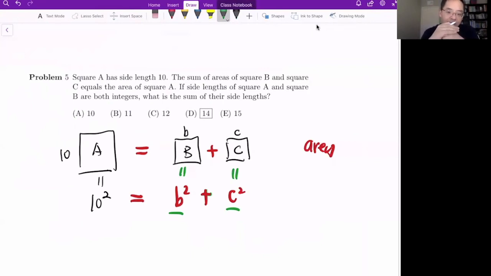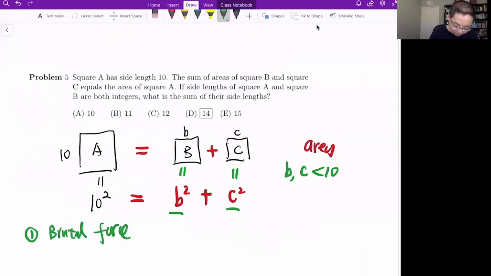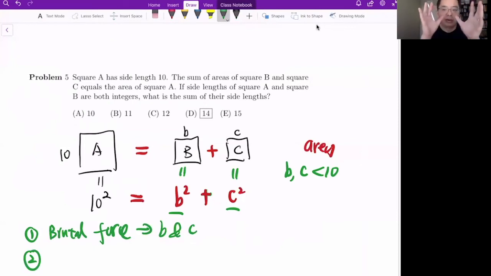Now, of course, b and c are less than 10, so you can do brute force, just try one by one. That's one way. Number two, if you remember, we have a famous right triangle relationship, the Pythagorean triple.